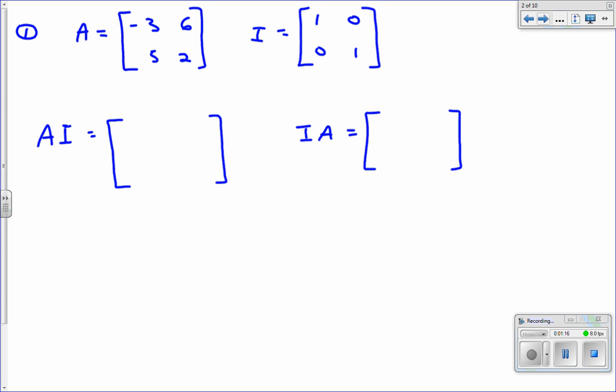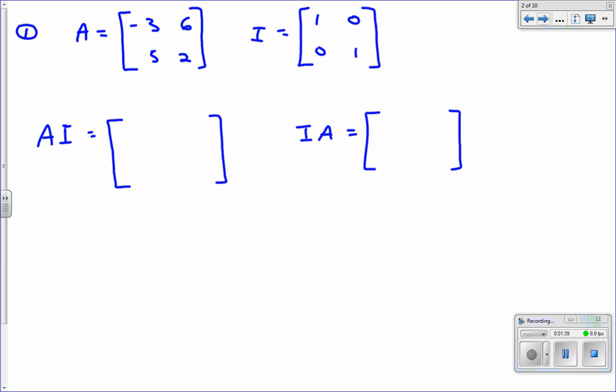So for instance, here we have a 2 by 2 matrix, A, and we have I. So let's multiply A by I using our row by column method. If you feel confident to try it on your own, press pause and do that, and then you can check once you hit play again if you're correct.